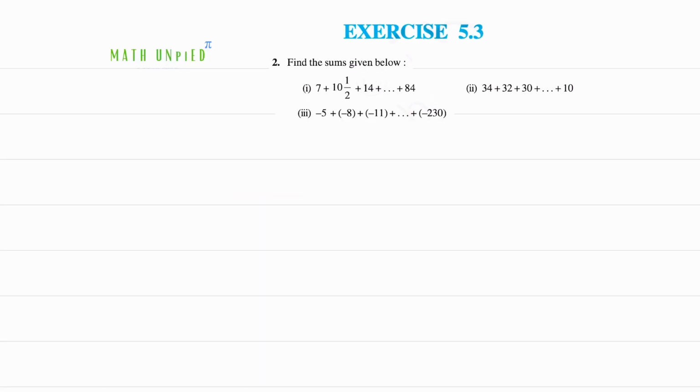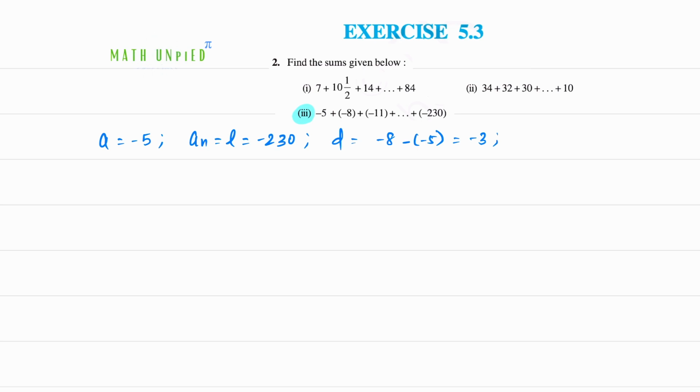Now let's do subdivision 3. Here a equals negative 5, an equals L equals negative 230, which is the last term. d, or the common difference, equals negative 8 minus negative 5, which is equal to negative 3.